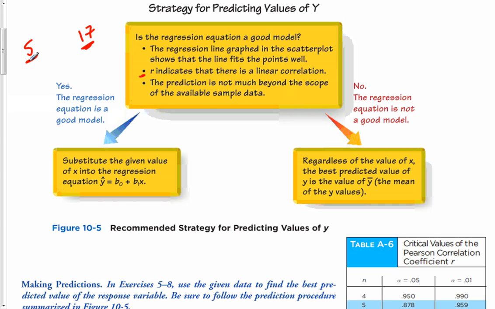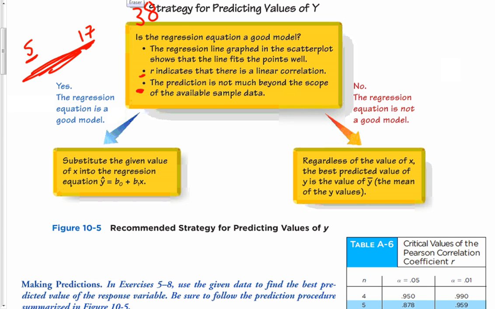If this is your minimum and maximum x value from the ordered pairs that you use to create the regression equation, you're not going to try to predict the y value when x is, let's say, 38, because that would be well outside of the range of what your sample data had available. That's well outside of the scope of your sample data. As long as you stay very close to this range, you should be okay. But going far outside of that scope would be a violation of this one here.